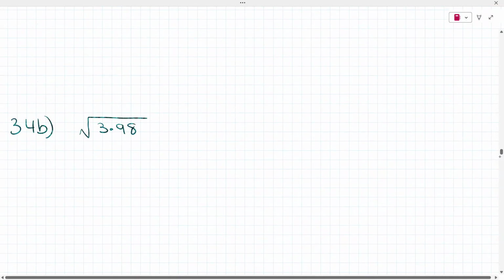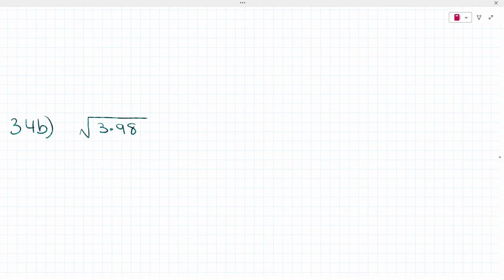So 34b, this is related to 34a, but this time they want you to approximate 3.98.